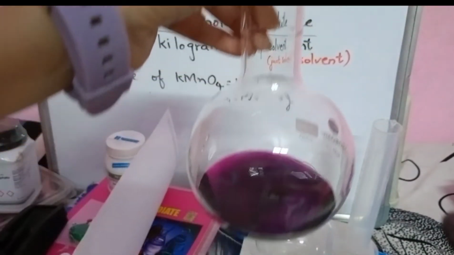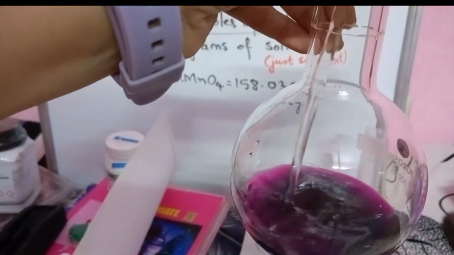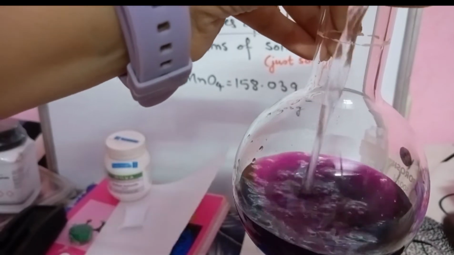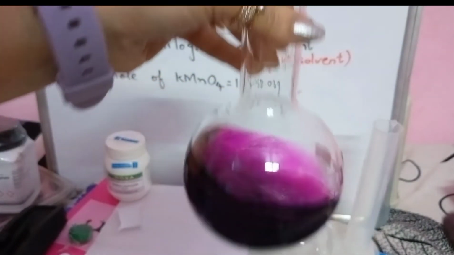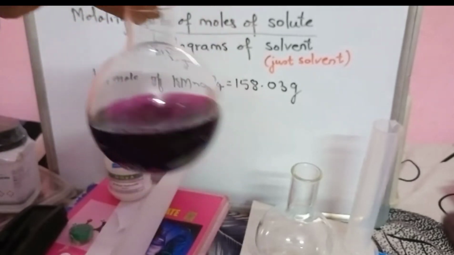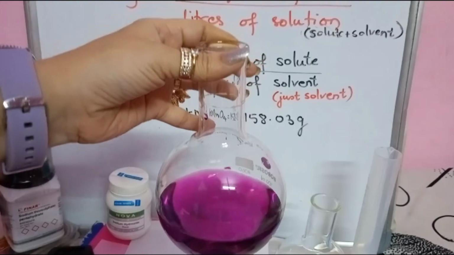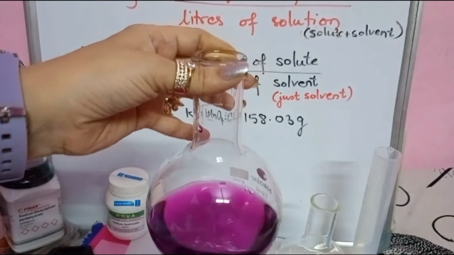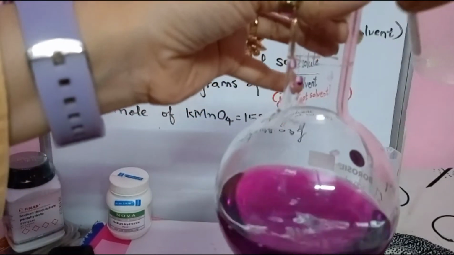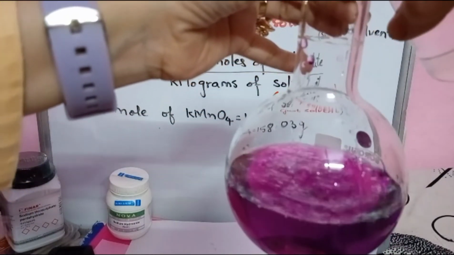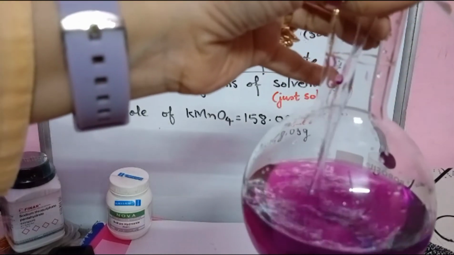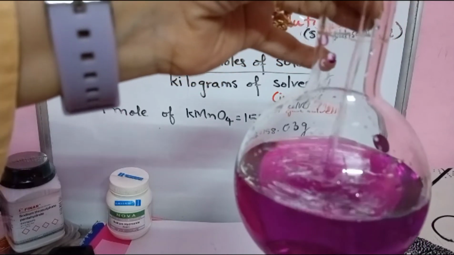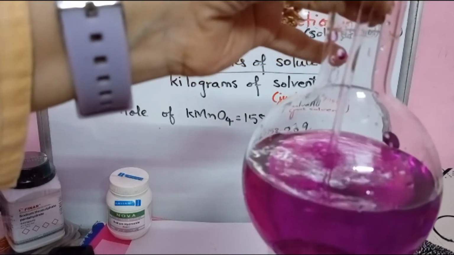Now I'll take more water, add it and swirl it yet again till all of the contents are properly mixed. Now I'll add more water into the flask right up until I get to the 1 liter mark.